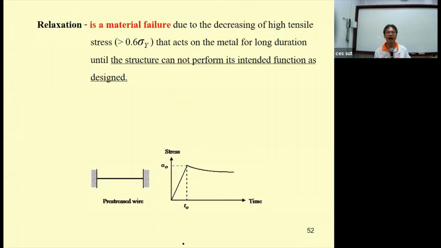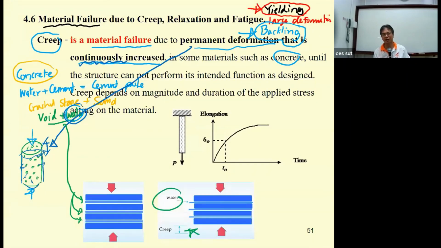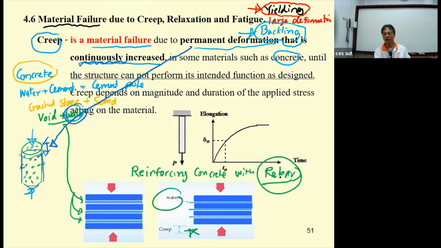In many kinds of structures we can prevent the creep by reinforcing. We reinforce concrete with rebar. Okay, rebar will help to reduce the permanent deformation, but you have to put enough rebar into the structure.